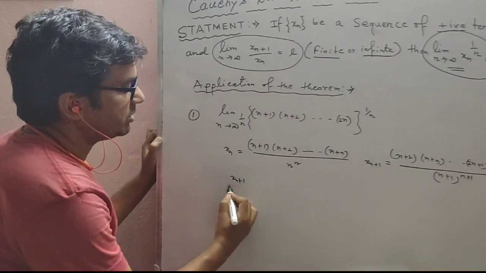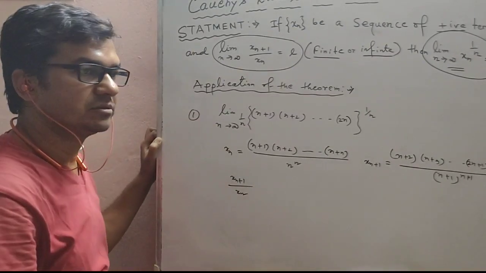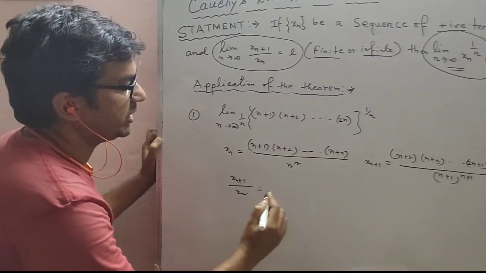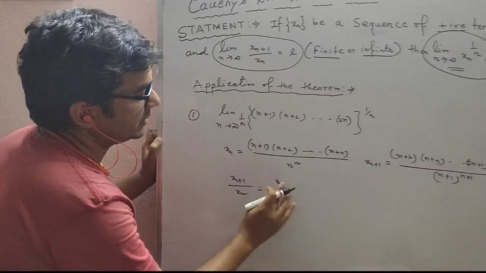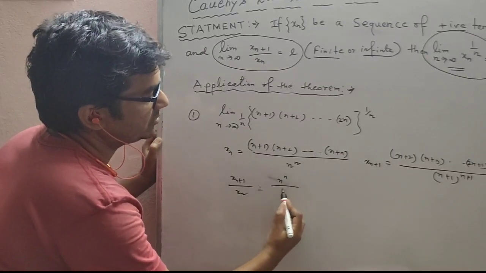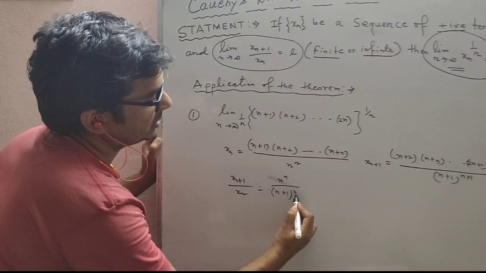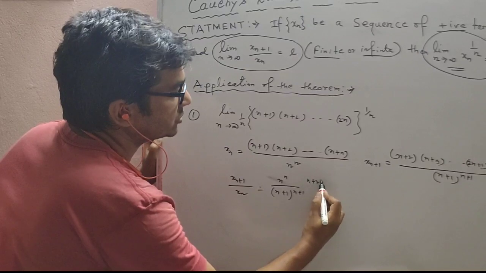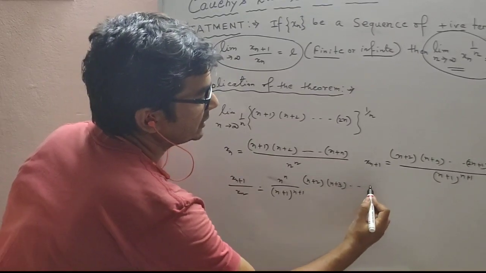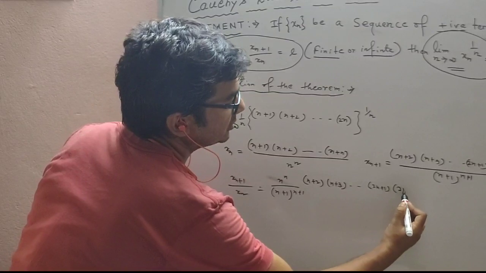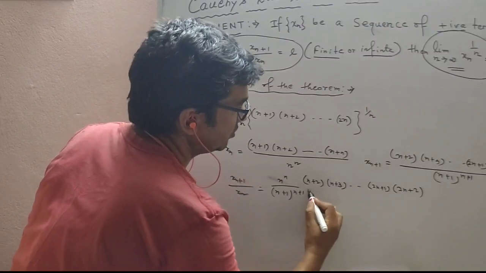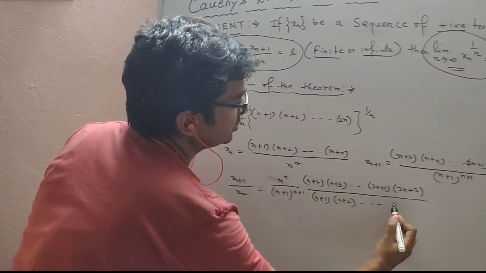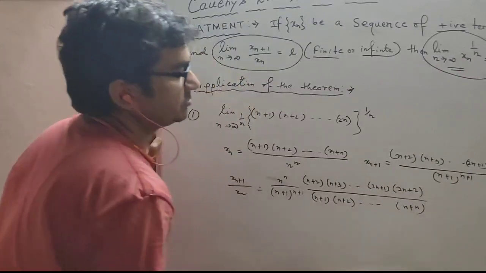Now xn plus 1 by xn equals n to the power n by (n plus 1) to the power n plus 1, into (n plus 2)(n plus 3)...(2n plus 1)(2n plus 2) by (n plus 1)(n plus 2)...(n plus n).